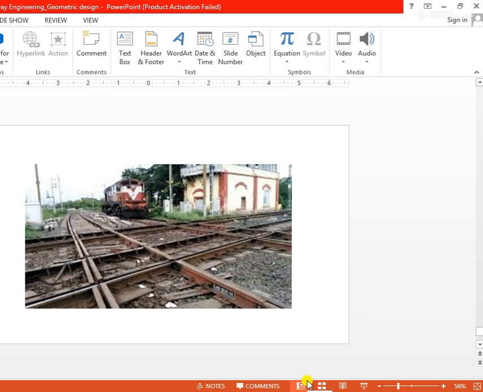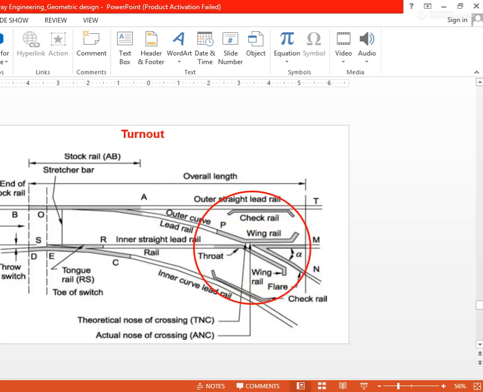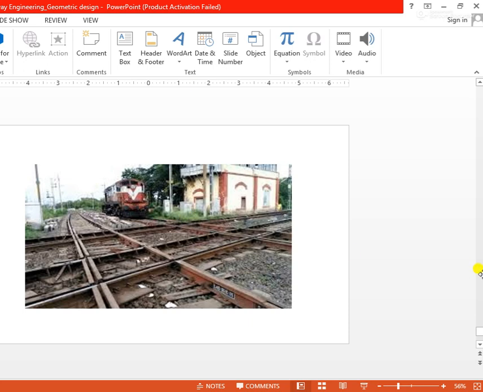No switch is required. And another important thing for such a type of crossing: normally in a turnout section, as we have already seen, the switch is there. But in a diamond crossing no switch is there, no other arrangement or manpower is required for a switch or direction.